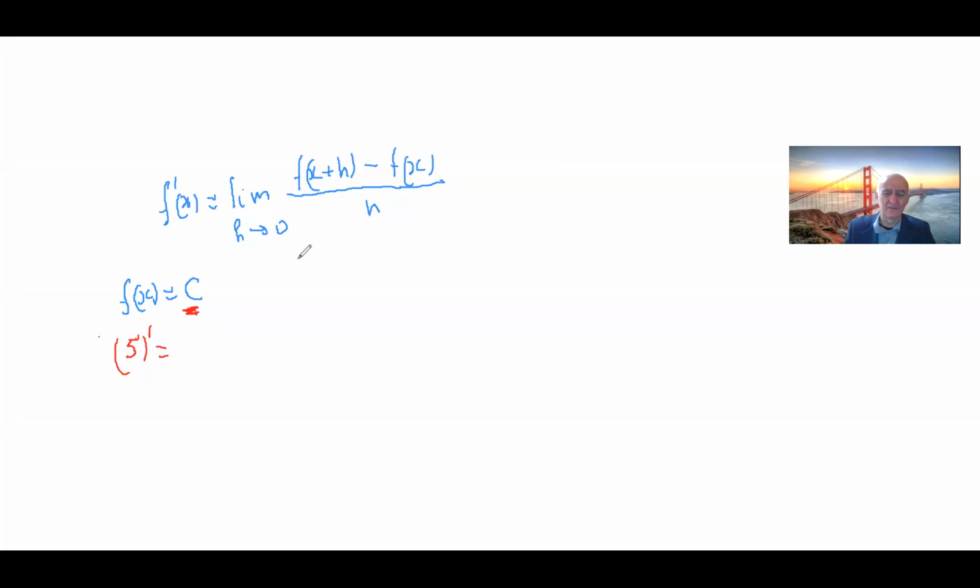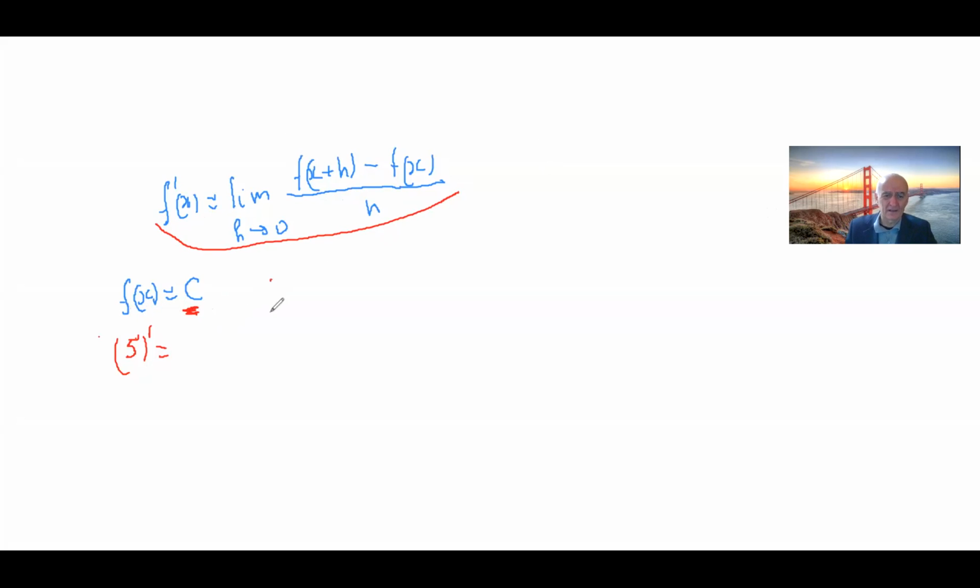We can also explain it from the definition of the derivative.